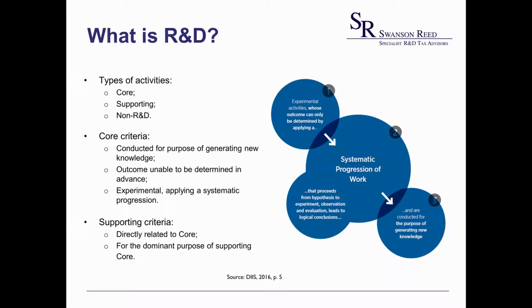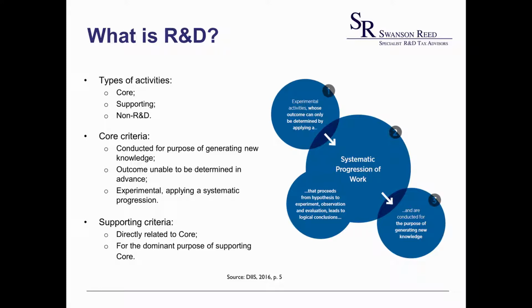As a refresher on the eligibility requirements, for each core R&D activity registered, companies must demonstrate the following: that the activity was conducted for a significant purpose of generating new technical knowledge, that the outcomes could not be known or determined in advance on the basis of current knowledge, information, or experience, and how the experimental activity was carried out, that is, describe the systematic progression of work undertaken.